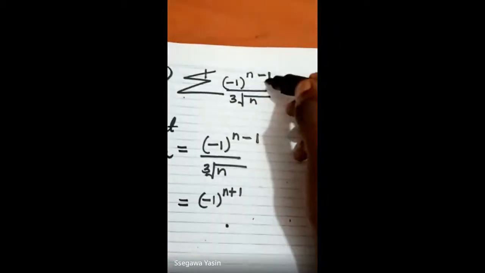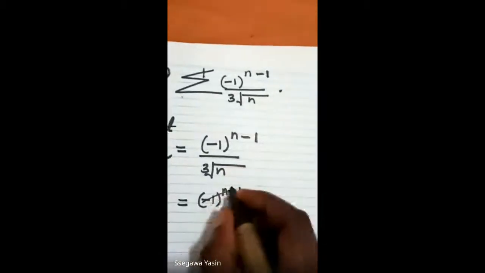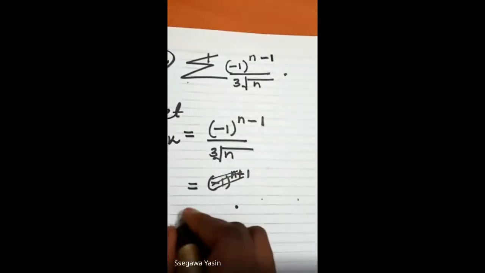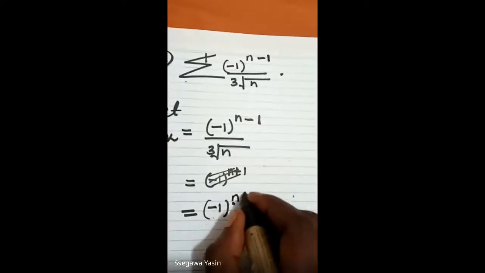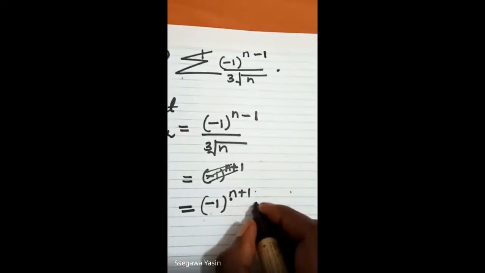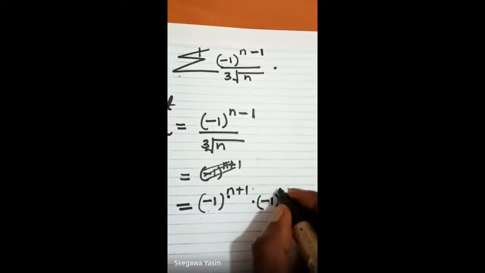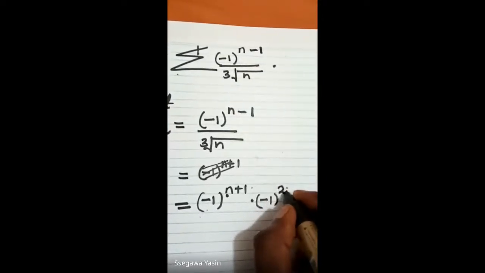Okay, this is the thing. Now, this will be negative 1 to the power n plus 1. This is a negative 1 to the power 2.